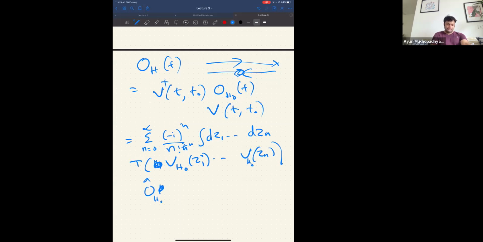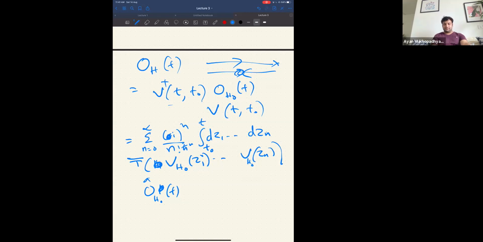And then I put O_H0(t). So this goes from t naught to t. Oh, sorry, I should have written i to the power n, and then this should have been anti-time ordered, T bar, because that is V dagger, right?